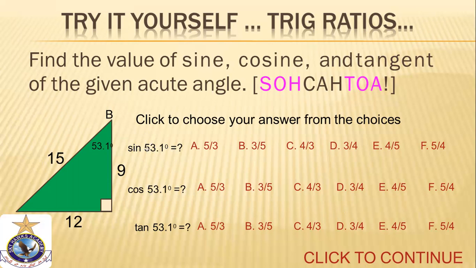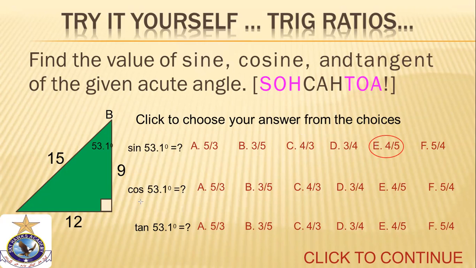So I'll tell you what I got for sine. For sine, I got 4/5. 4 over 5 is where? This is your choice, E. Okay. The next one is for the cosine. All right, let me do that one now.